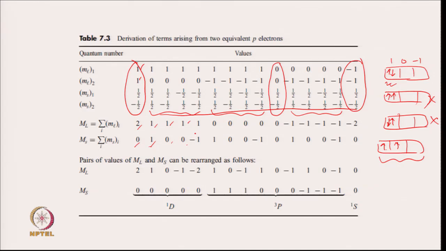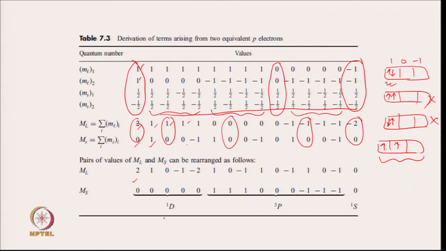Once you do that, now try to arrange this. First look at 2 0 here. So, this is 2 0, then 1 0, 1 0 I took, then 0 0, 1 0, 0 I took, minus 1 0, minus 1 0 is here, and minus 2 0.